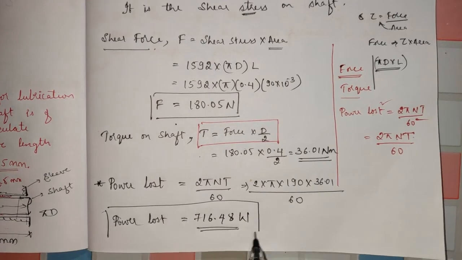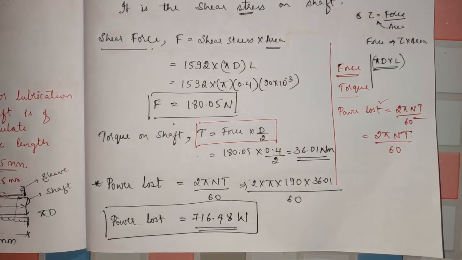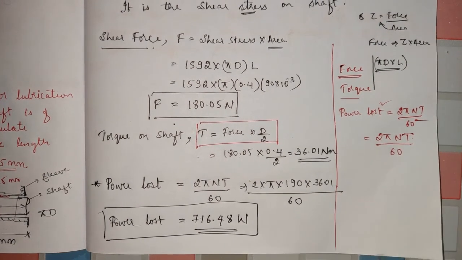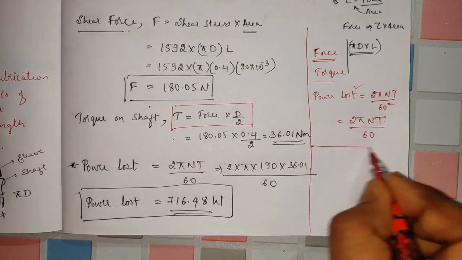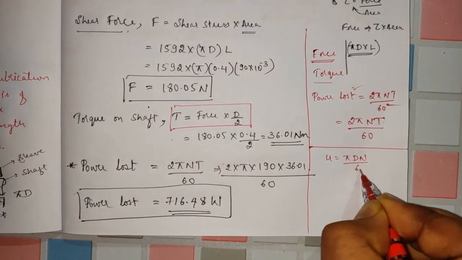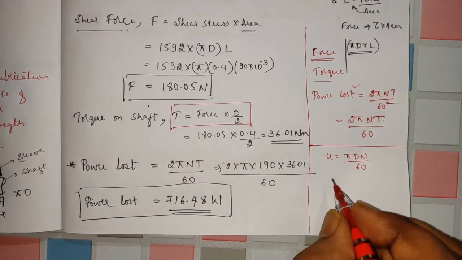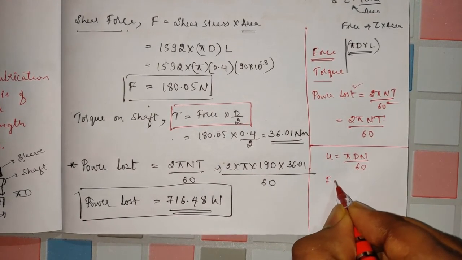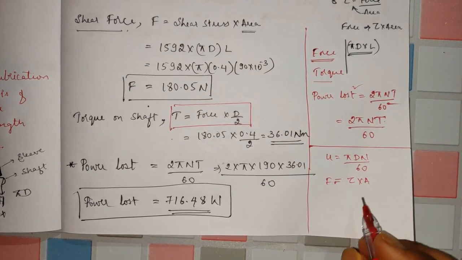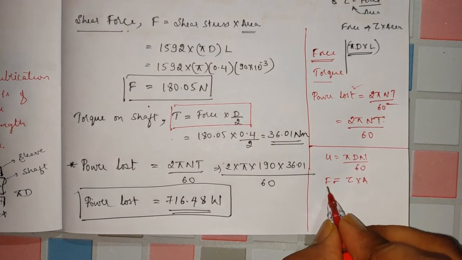In case in this concept they ask, you should be ready to do this problem. You just need to remember some formulas: U is equal to pi dN by 60, one formula. Second, force is equal to shear stress into area. Why do you need to find the force?